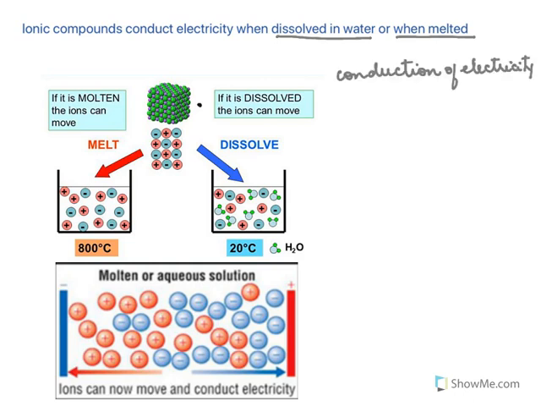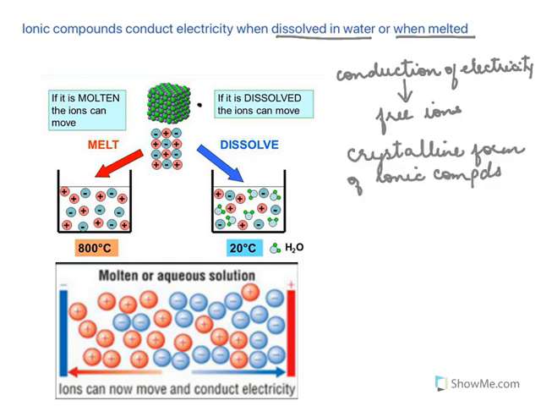And the conduction of electricity requires not just ions, they require free ions, ions that are able to move. So although the crystalline form of ionic compounds is made up of plenty of ions, the ions are fixed. They are not able to move. And why are they not able to move? Because of strong force of attraction.